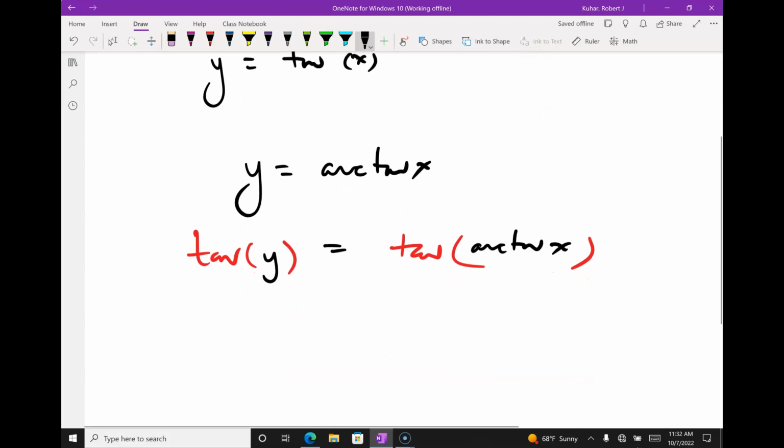And what happens on the right-hand side? What does it simplify to?